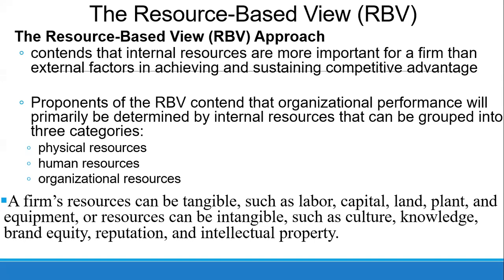Now, the physical resources, according to the resource-based view, include factors such as the plants or equipment that are used to produce goods and services, the location of the organization, and if they have multiple locations, then it becomes their loci, the technology that they may have in place to turn around their business, the raw materials that may be available for them, and the machinery that may also be utilized in converting the raw materials into semi-finished or finished products. So these are the physical resources according to the resource-based view.